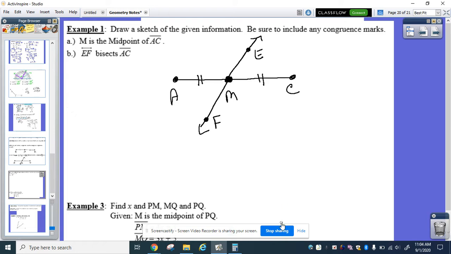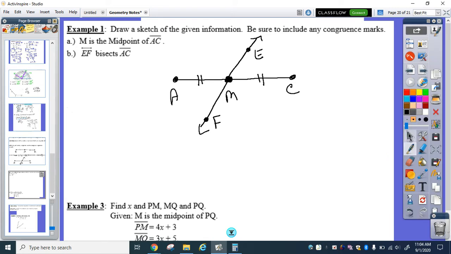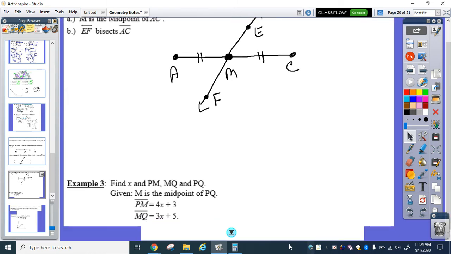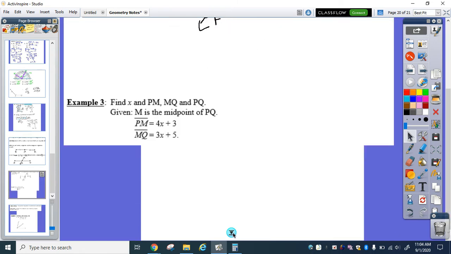Let's take a look at some examples where we'd have to use some algebra properties to solve this. Let's take a look at the problem at the bottom here. It says find x, PM, MQ, and PQ given that M is the midpoint of PQ.